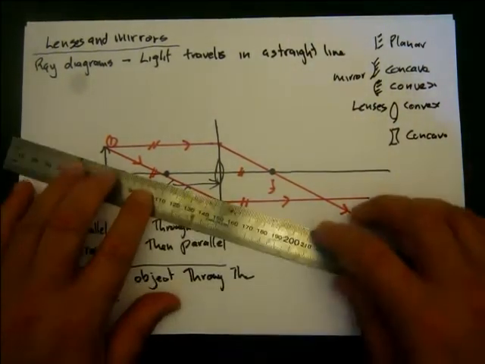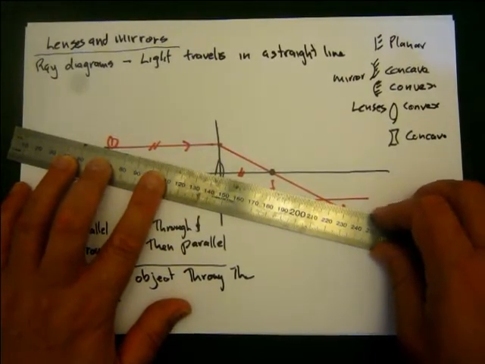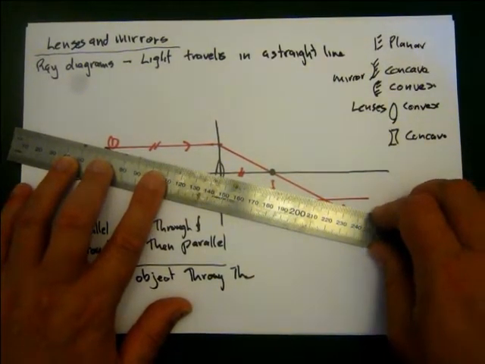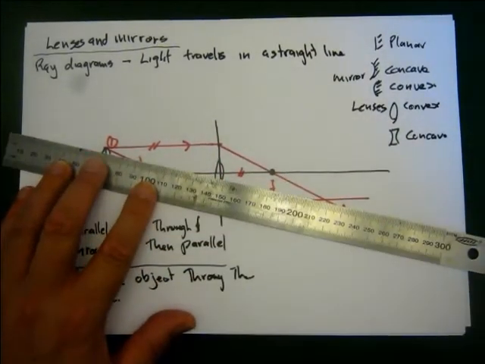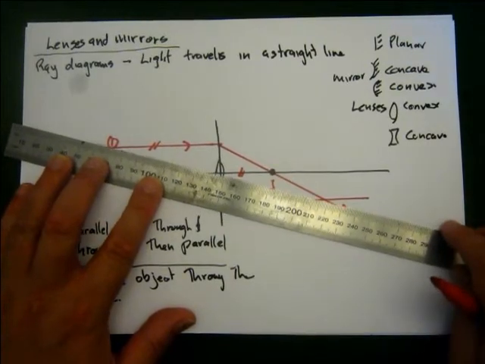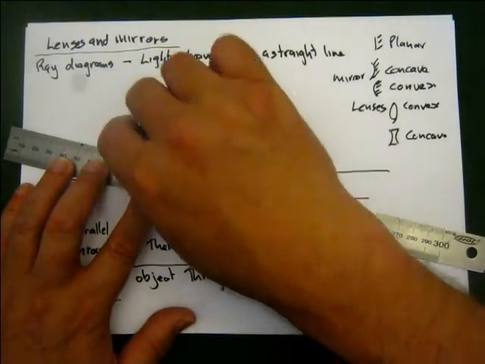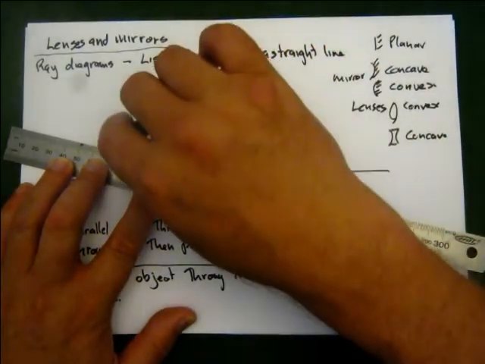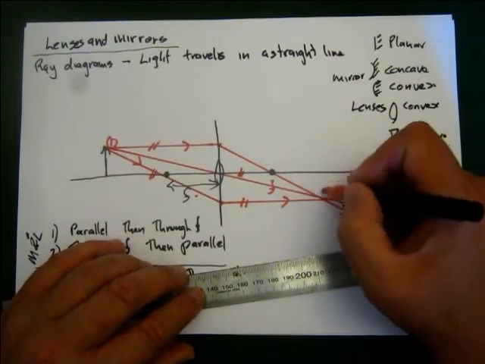So for the third line, I will put the ruler at the tip of the object and put it through the centre where those two lines cross. Now if I've done this well, they should all pretty much meet at this point.